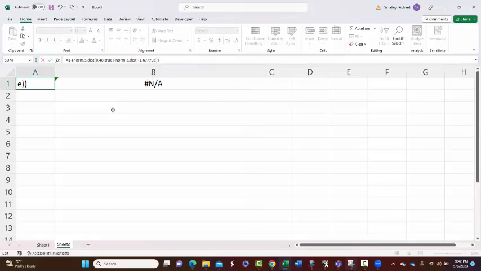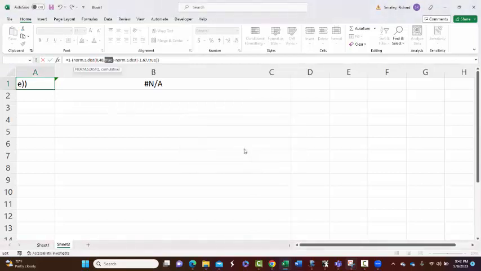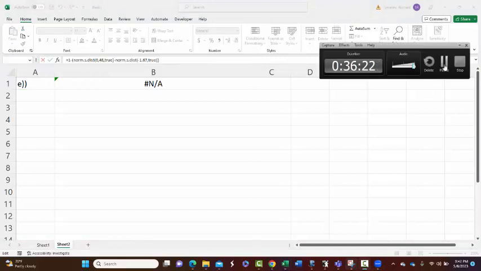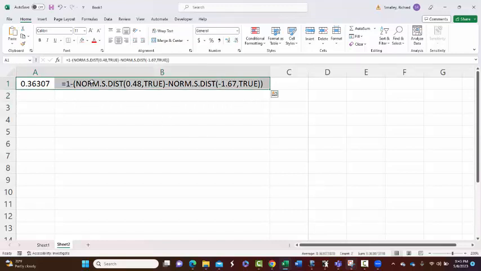Close another parentheses. All right. Okay, I had a comma in there instead of a period on one of the numbers, so that's why I had an error, but now we're good.